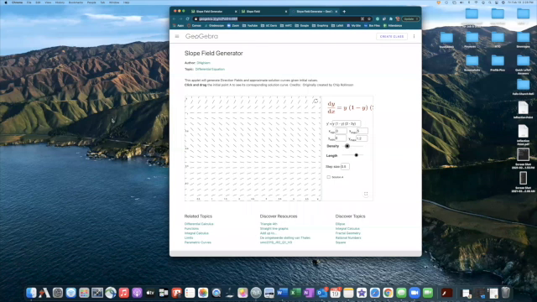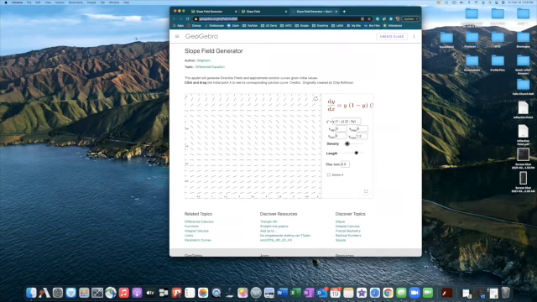Again, you can find all of these by just Googling how to graph a direction field in Desmos or GeoGebra. Not that you shouldn't practice doing it by hand a tiny bit. No one ever wants you to do this by hand. But here are some tools to help you do it not by hand. All right, we will circle back around to this.